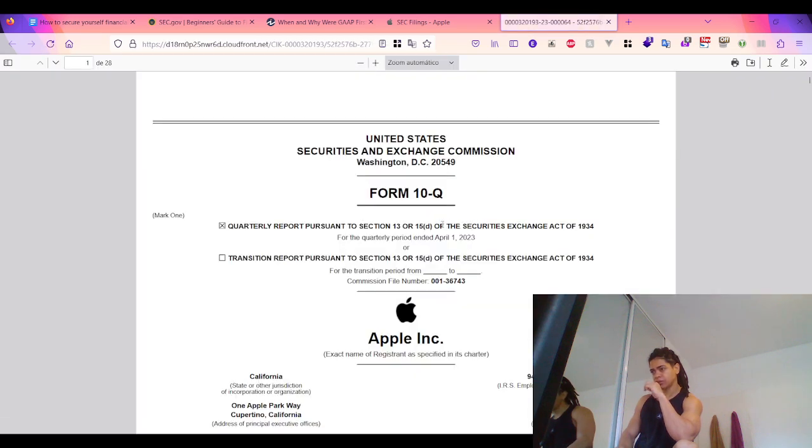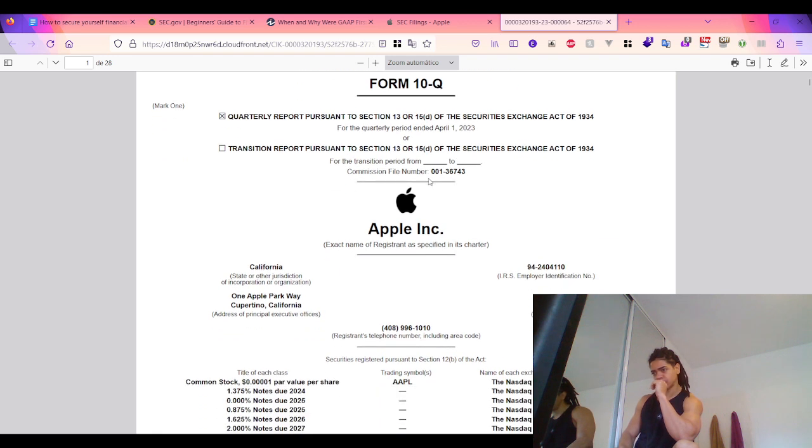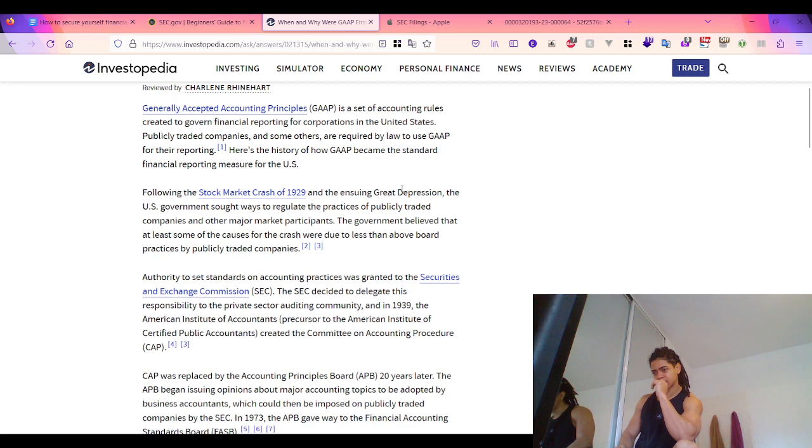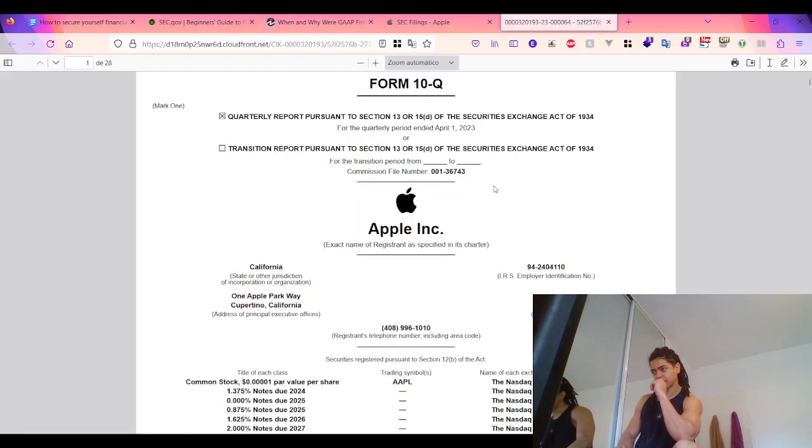Securities and Exchange Commission, United States, Form 10-Q, quarterly report pursuant to Section 13 or 15(d) of the Securities Exchange Act of 1934.